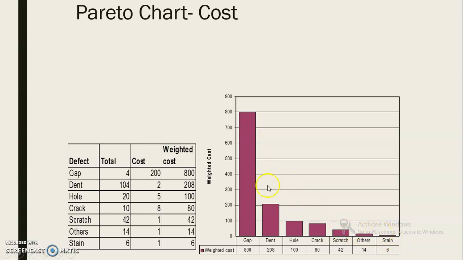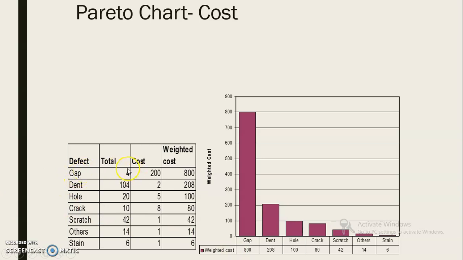So this is again a Pareto chart for the cost. By observing this chart, we can see that gap is the defect that majorly contributes to the cost. So if you are thinking from the perspective of cost saving, then we have to concentrate on eliminating this defect, that is gap.